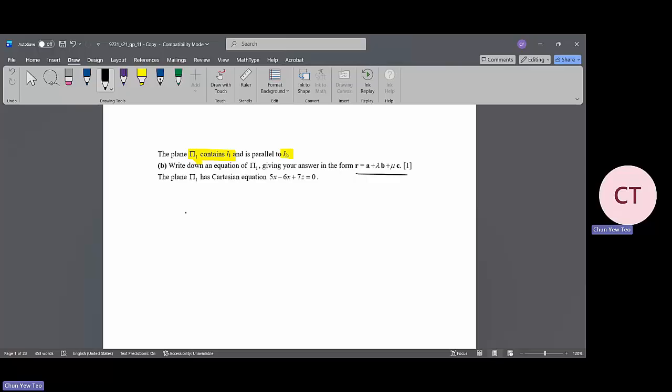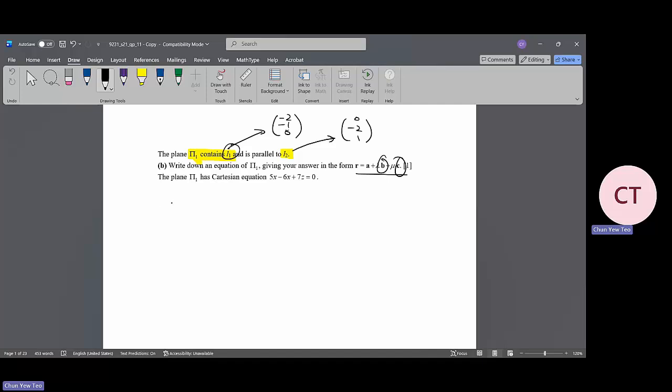Okay, so what you need to do is, the directional vector for L1 is negative 2, negative 1, 0. And the directional vector for L2 is 0, negative 2, 1. So these will be the vectors B and C.